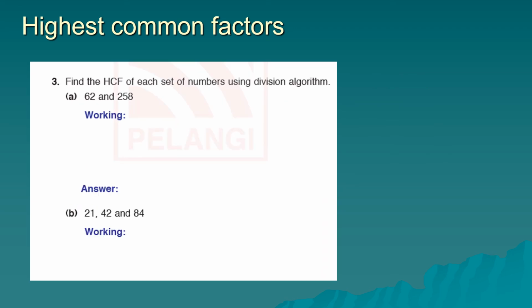Okay, here we are asked to get the HCF using the division algorithm. So we will write it there, 62, 258, and use short division. Since they are both even numbers, let's use 2.